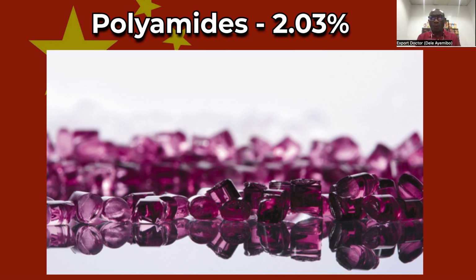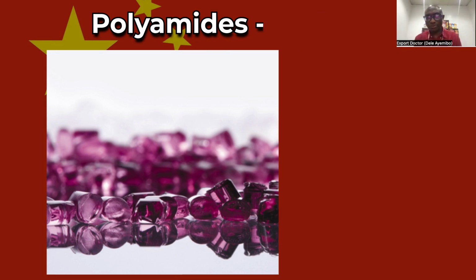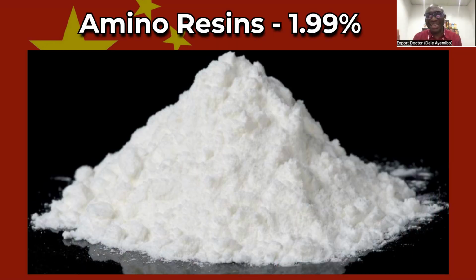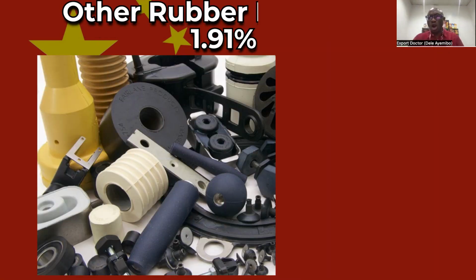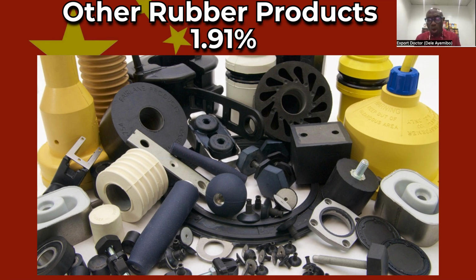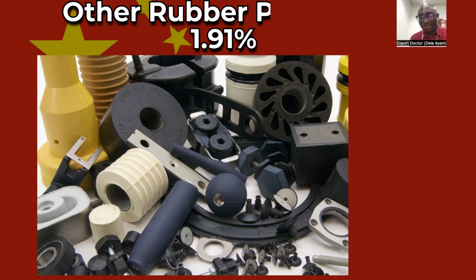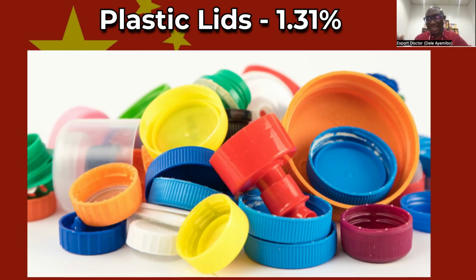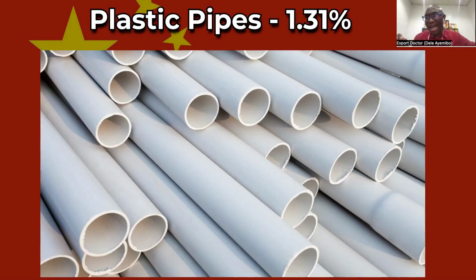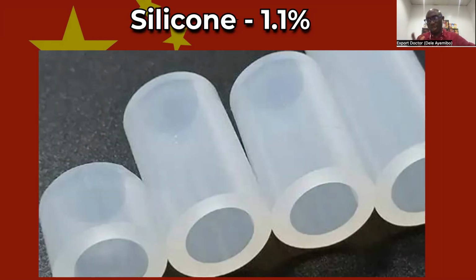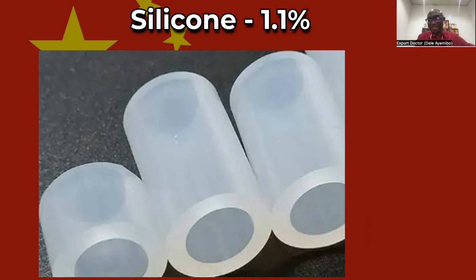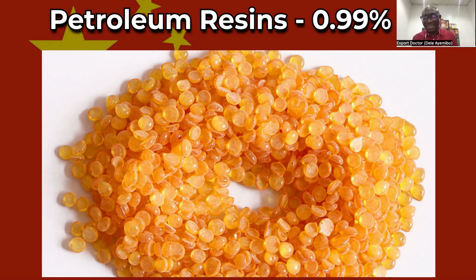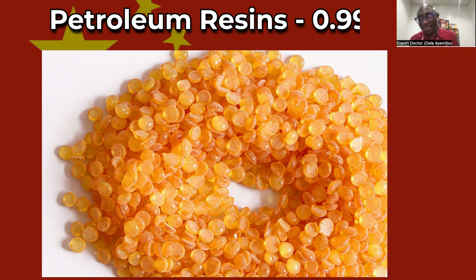Polyamide, 2.03%. Amino resin, 1.99%. Other rubber product, 1.91%. Plastic lead, 1.31%. Plastic pipe, 1.31%. Silicon, 1.1%. Petroleum resin, 0.99%.